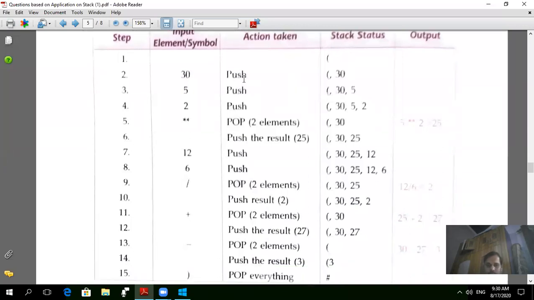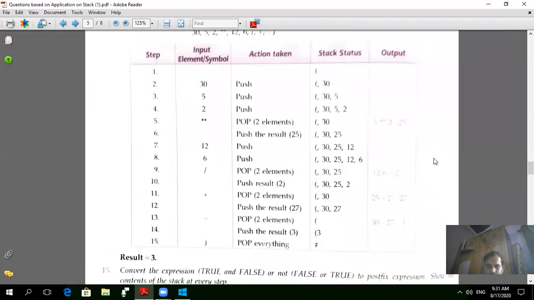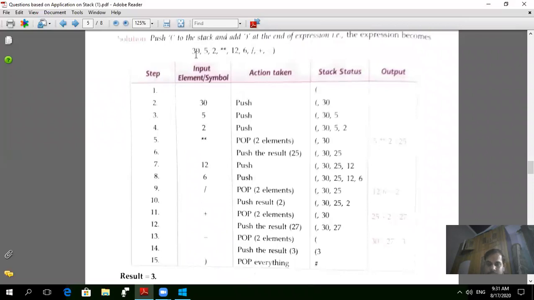Now see the solution. Any doubt, please ask. In this type of question, there is no need to write the opening bracket and closing bracket.